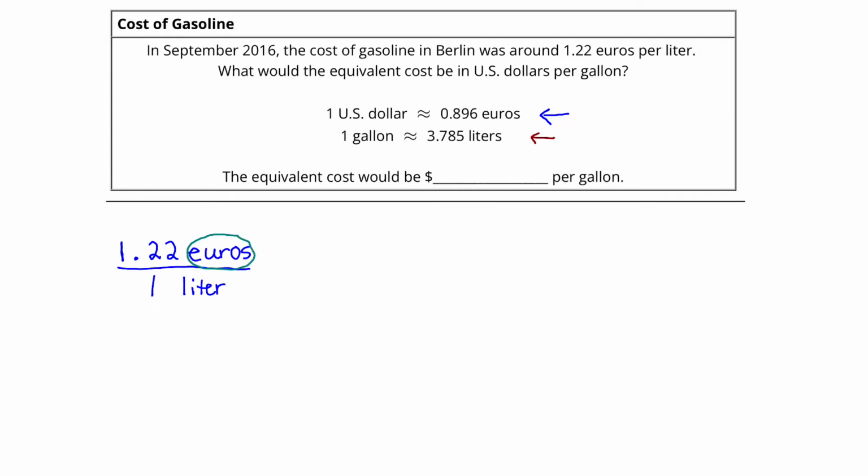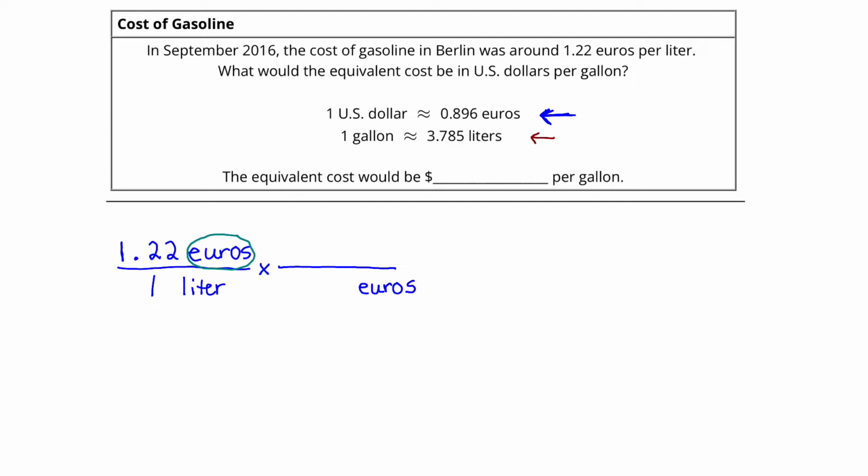I want to cancel the euros and convert it into dollars. To do that, I want to use this top relationship right here. 1 US dollar is approximately 0.896 euros, and I'm going to use that conversion and write it as a rate. I am going to put euros in the denominator.